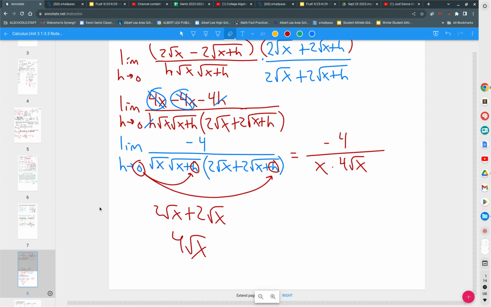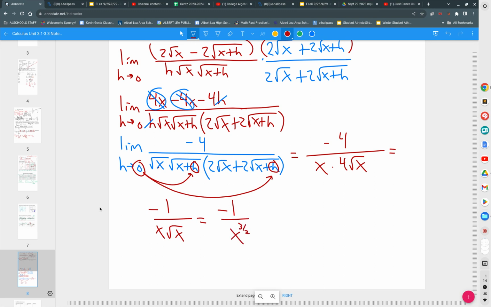Uh-oh, what do you see now? Radical in the denominator, it's okay because it has a variable, so we're going to let it be. We don't have to worry about that, but 4 divided by 4 is 1. And so you get just -1 over, and you can write this as x roots of x, or you can write as -1 over x to the 3/2 power.